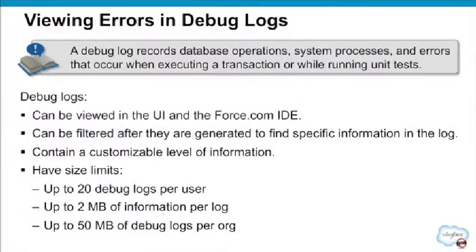What you would do, and I'll show you this in a second, is create a log request for an individual user, and for the next 20 requests that come in from that user, we capture log files. Now at the end of that, we turn it off. So Salesforce does not do always-on monitoring, but I will show you how you can achieve that by creating your own logging mechanism later on.